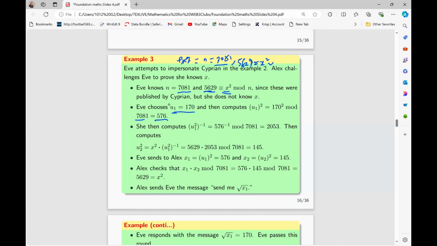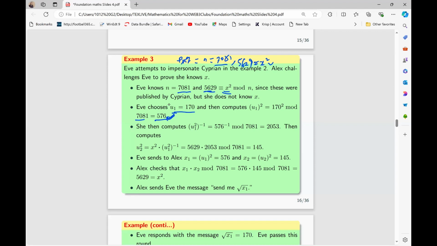Then, before multiplying, she gets the inverse of this square, mod 7081.